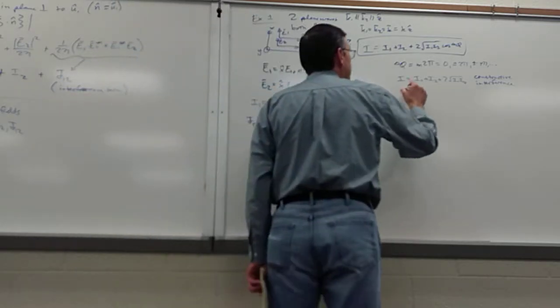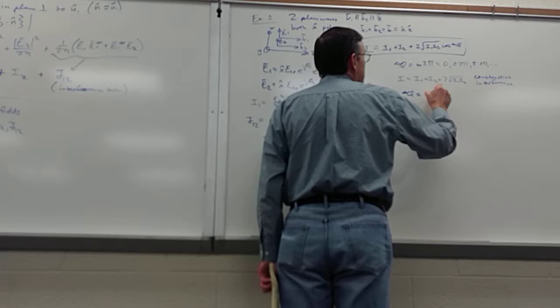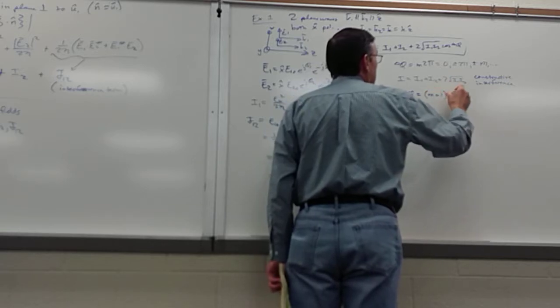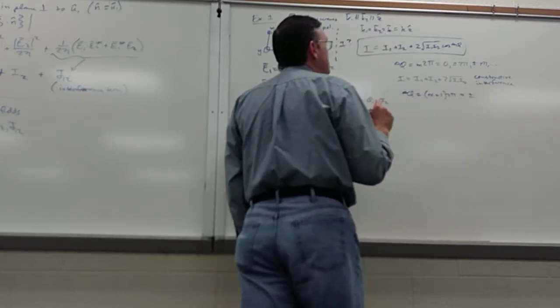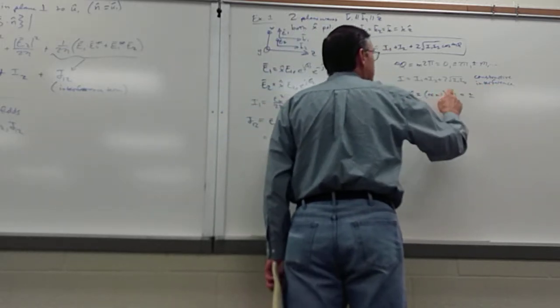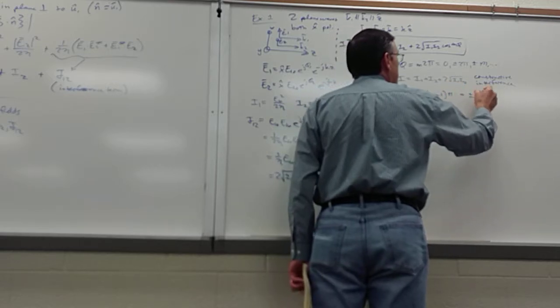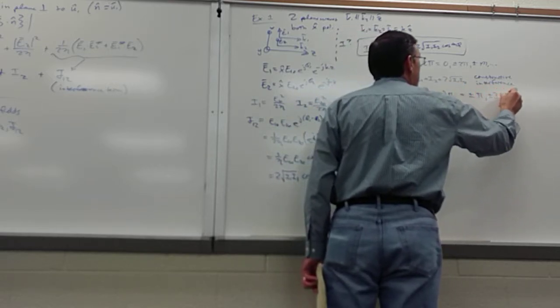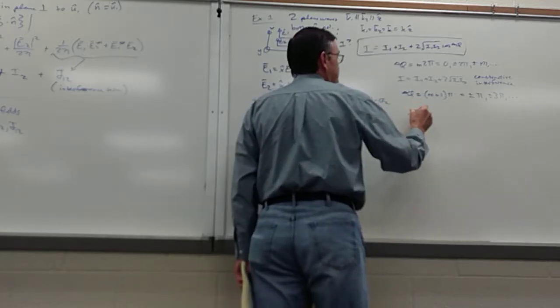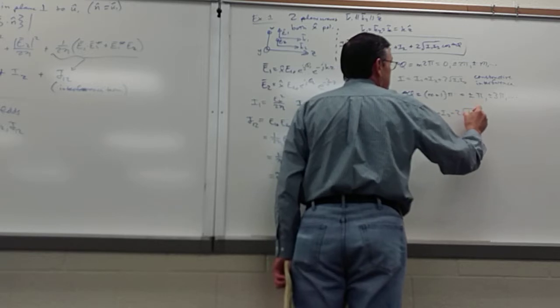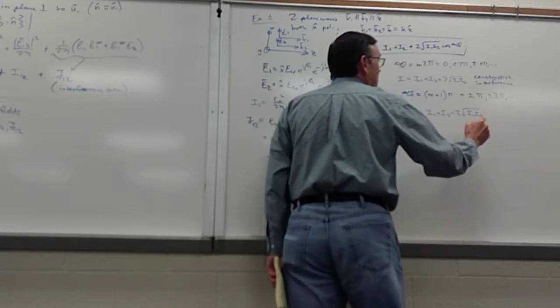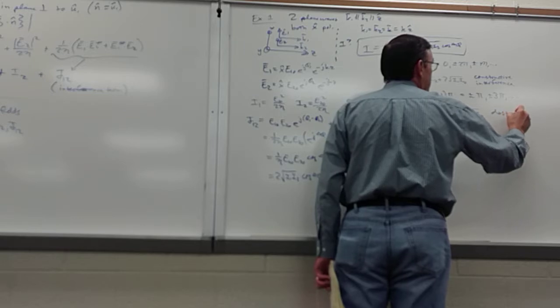On the other hand, if delta phi is equal to (2m plus 1) times pi, so that would be plus or minus pi, plus or minus 3 pi, etc. Then the irradiance is I1 plus I2 minus 2 times the square root of I1 I2, and we call that destructive interference.